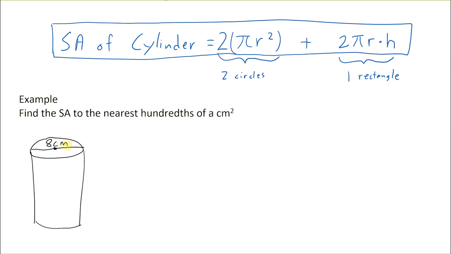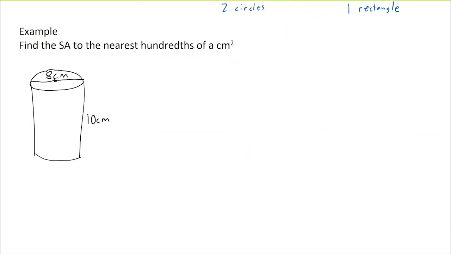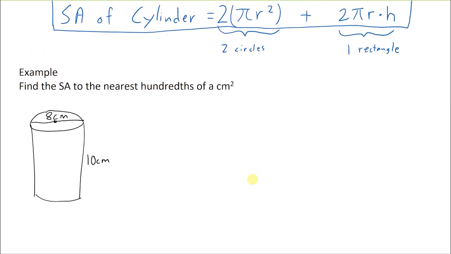This is 8 centimeters, and this will be 10 centimeters. Okay, let's take a look at our measurements and make sure we have everything that we need. In order to calculate the surface area of a cylinder, we need the radius and we need the height.